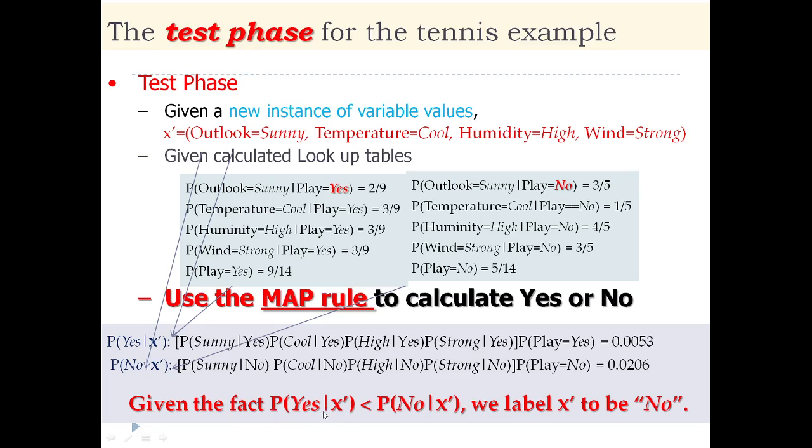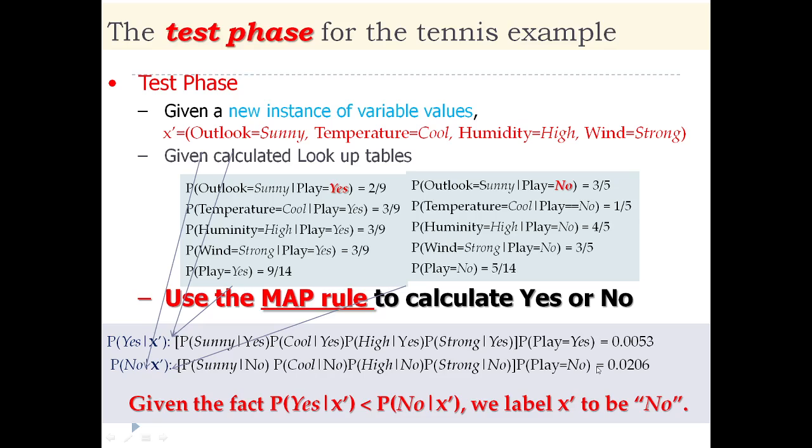So here the probability of the new instance belonging to class yes is less than the probability of the new instance belonging to class no. That means the new instance belongs to class no, as it has more probability value.